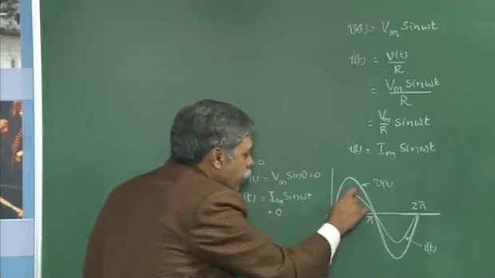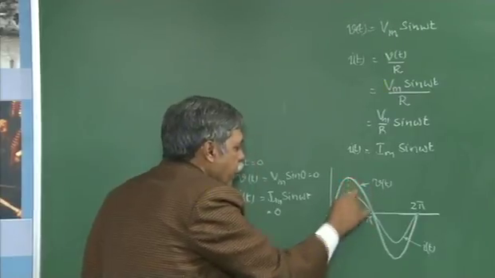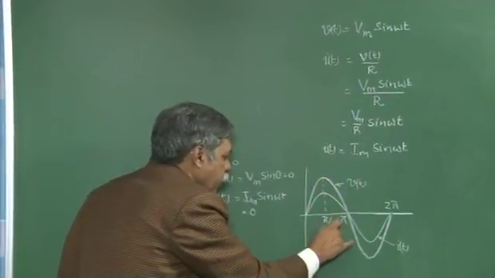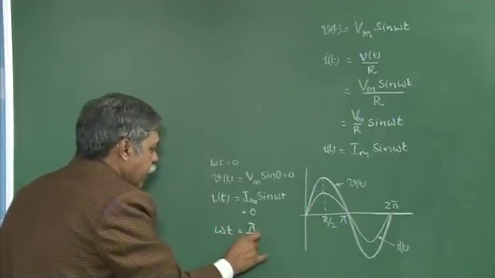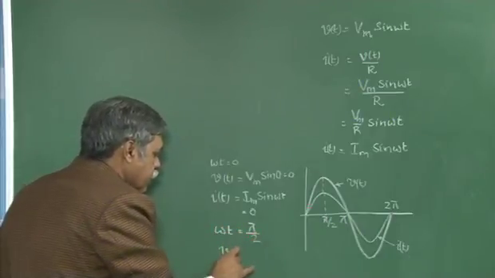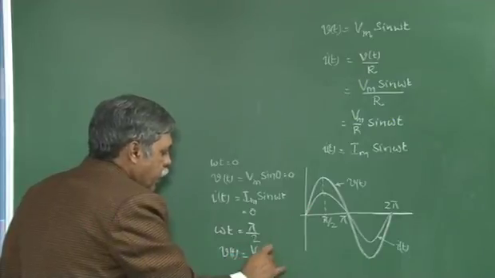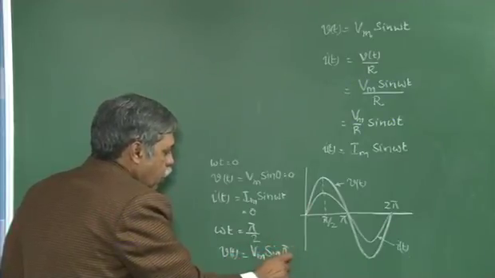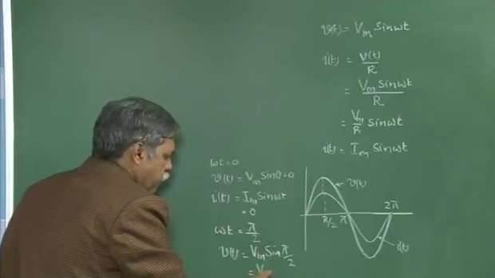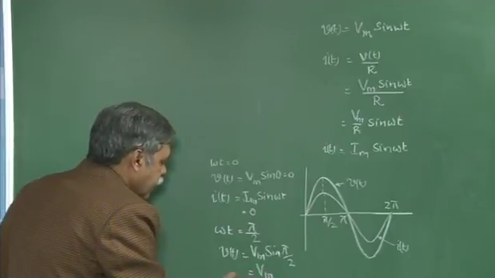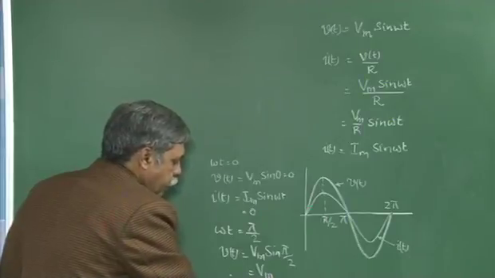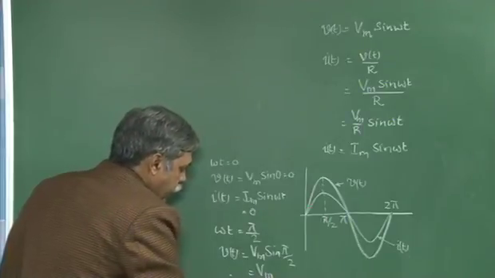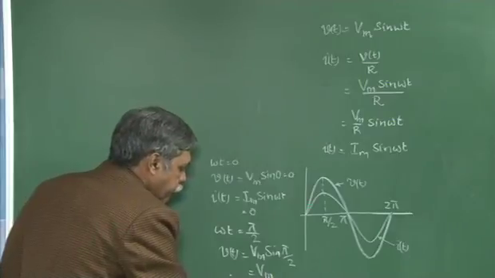At the instant when omega t is equal to pi by 2, the voltage V of t equals Vm sin pi by 2, which is the maximum value of the voltage, and the current I of t equals Im sin pi by 2, which is Im.